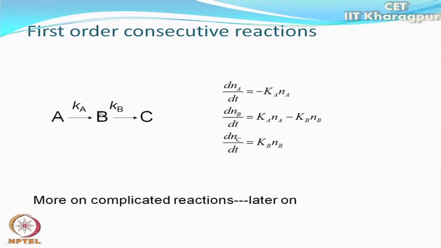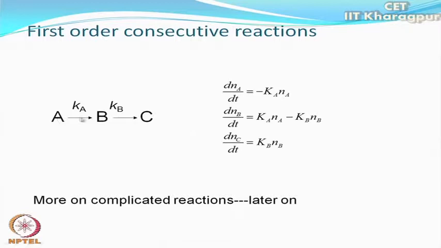You will find, and I will come to that later on, that B will pass through a maximum concentration at a specific time, and then again it will deplete, because it is an increasing-decreasing kind of thing. So, it should pass through an extremum anyway. That is some more involved description.